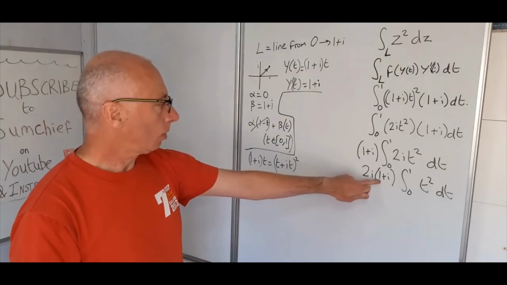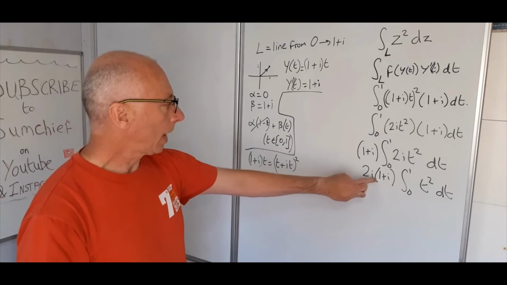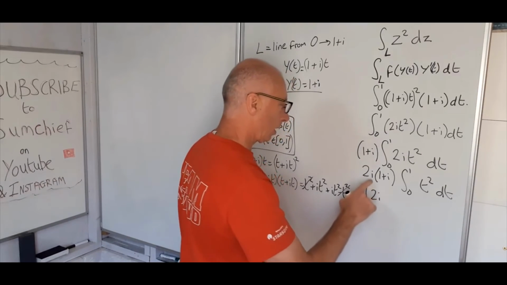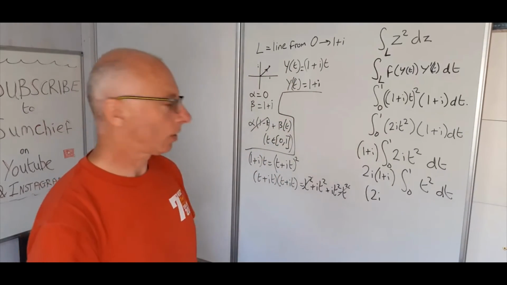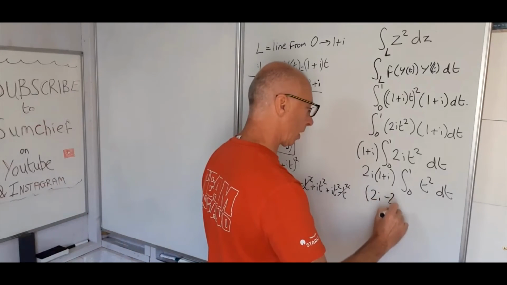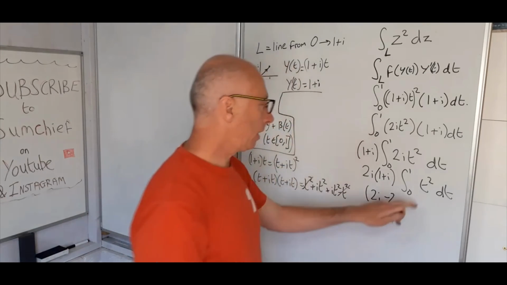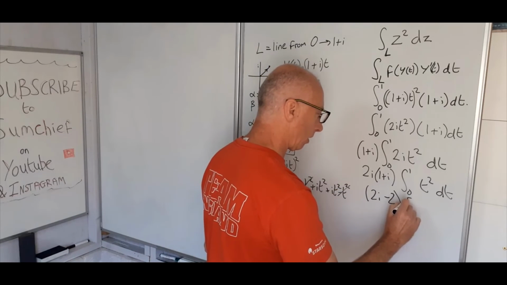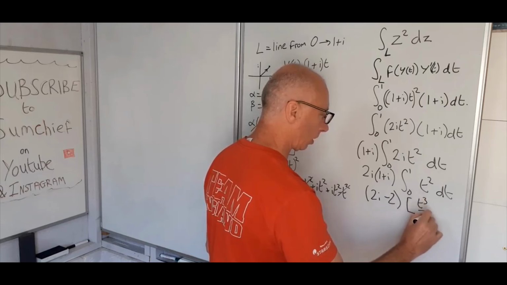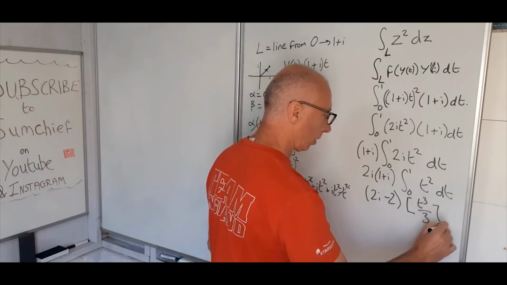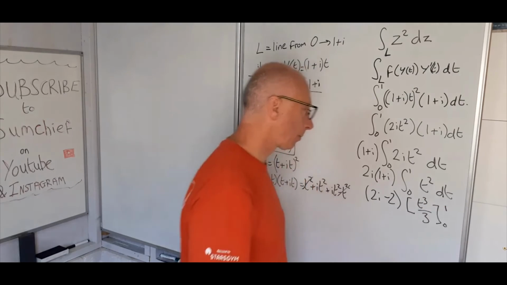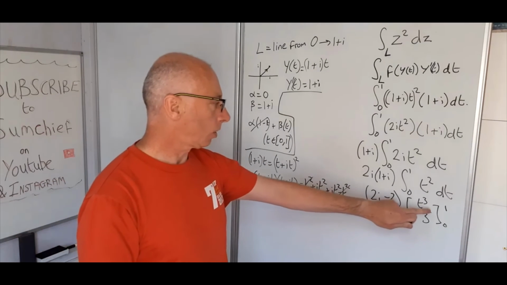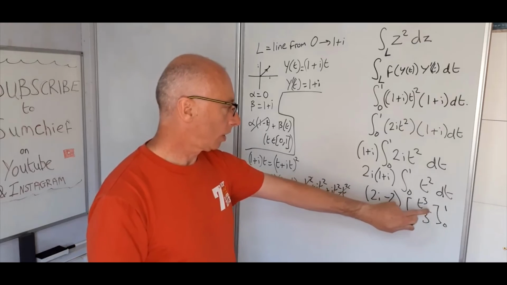Okay, so this will just end up multiplying that out. 2i times 1 is 2i. 2i times i is minus 2. So 2i minus 2. And then integrate t squared. That's just t cubed over 3 from 0 to 1. So t cubed when it's 1 is just 1 over 3.